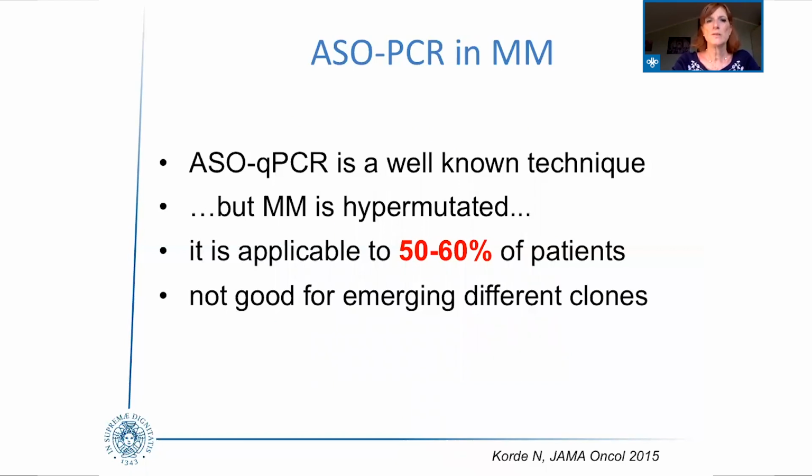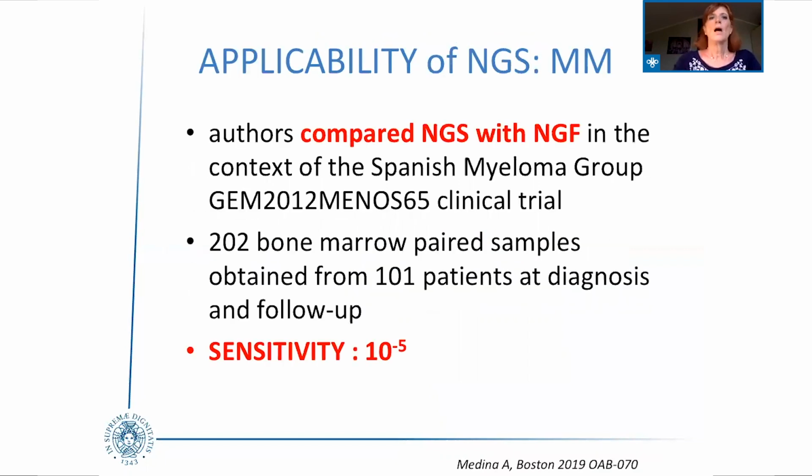Indeed, you have to consider that frequently multiple myeloma, mantle cell lymphoma, and CLL are hypermutated. So, ASO-PCR is applicable to only 50–60% of our patients.